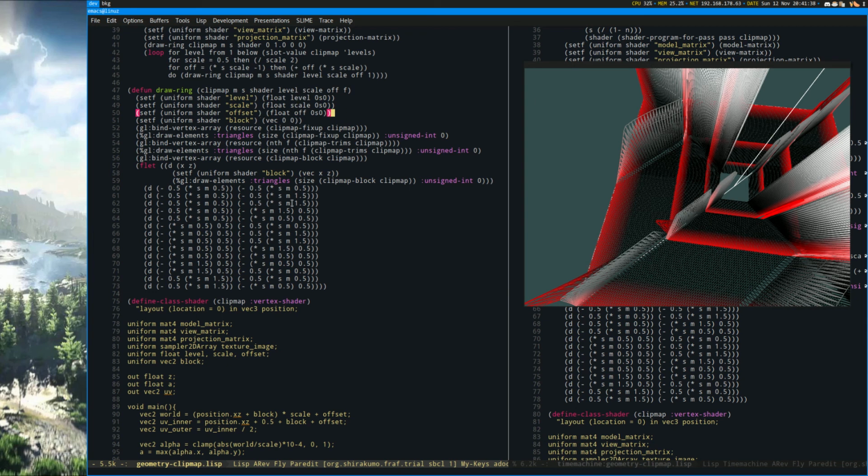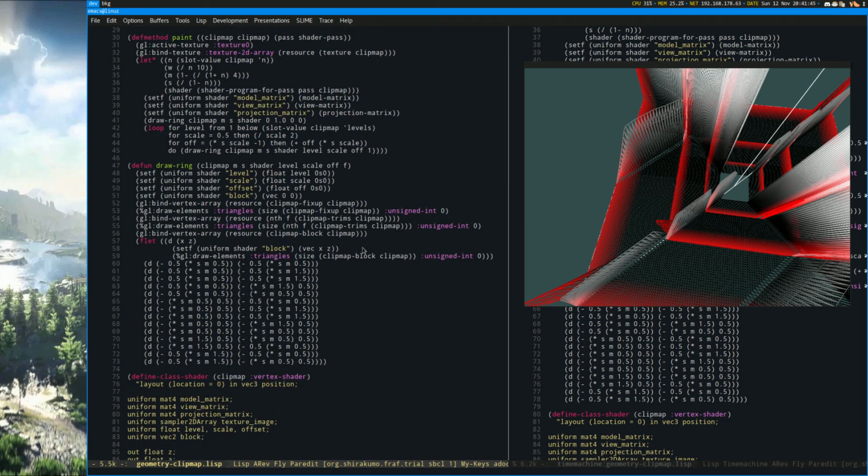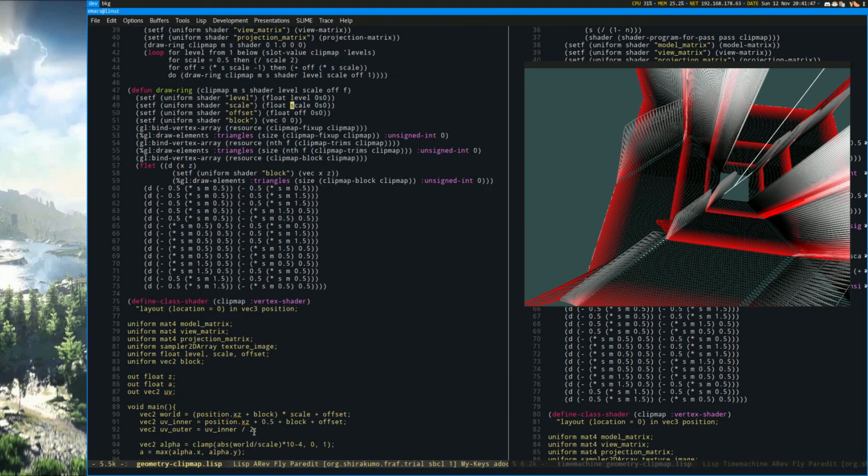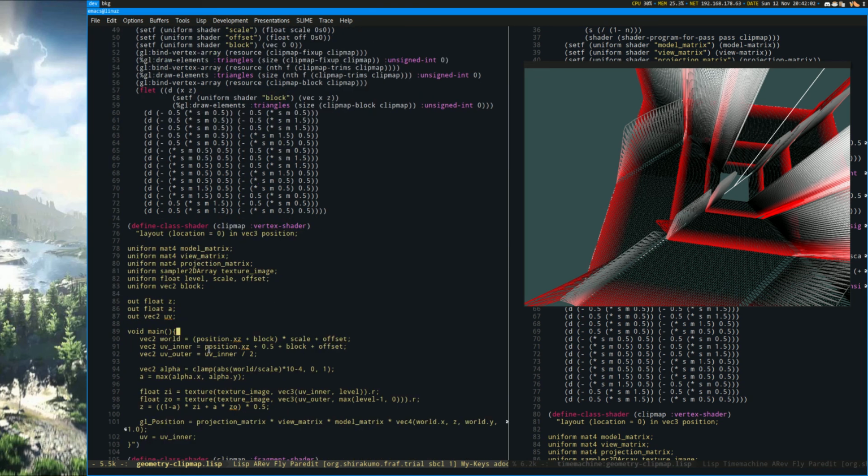The level we can compute because we can just subtract one. The scale is always twice, so we can compute that as well. The only thing we can't easily compute is the offset. We could from the level, I think, and some math. So, let's see here. How can we reconstruct where we look things up in?